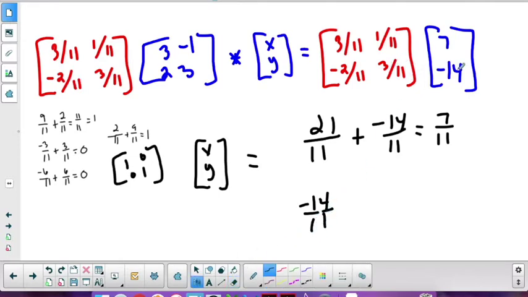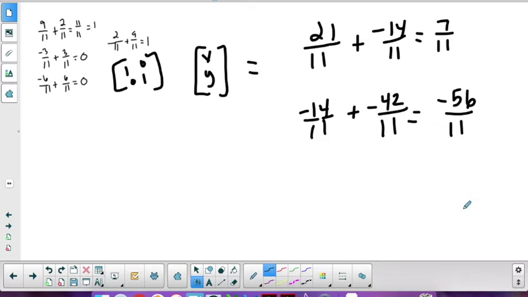And then 3 over 11 times negative 14, that's going to be negative 42 over 11. Well, negative 14 plus negative 42 over 11 is negative 56 over 11. Now, yes, the answers seem really gross, and that's fine. It does happen. Let's plug them back in and show you that they do work.